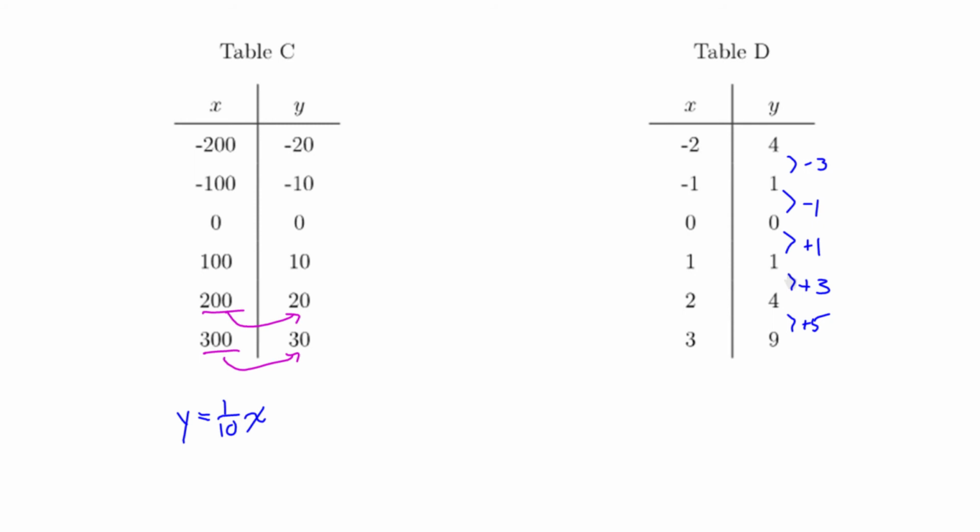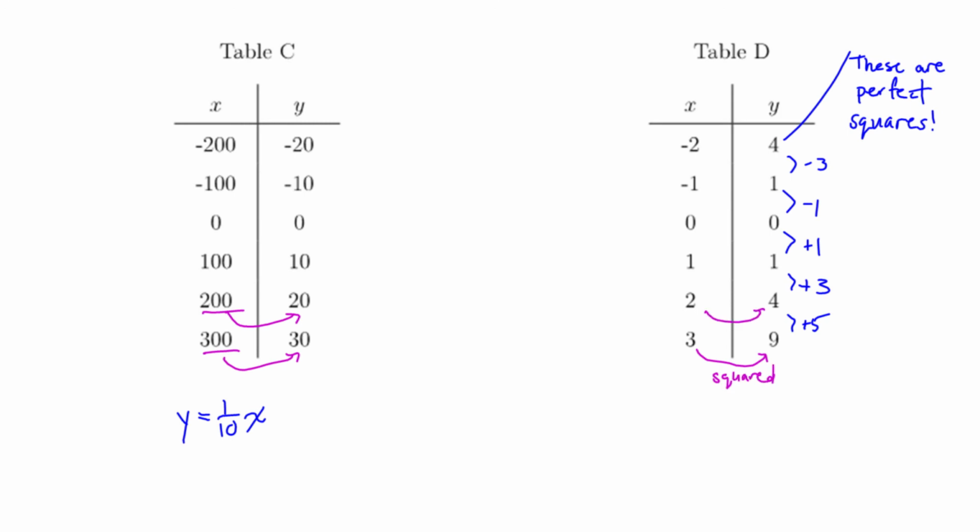So if I look at these, 4, 1, 0, 1, 4, and 9, one thing that I'm going to note is that these are perfect squares. And again, at this point, we're just looking for patterns. So I deduced that they were not multiples of those x values, but they are perfect squares. And so if I look at that relationship then between x and y, getting from 3 to 9, it's squared.